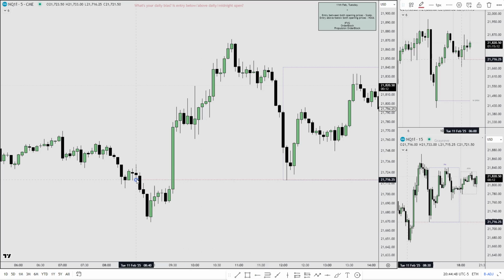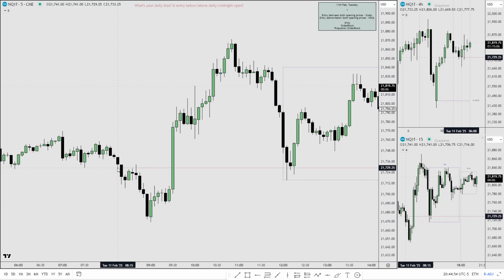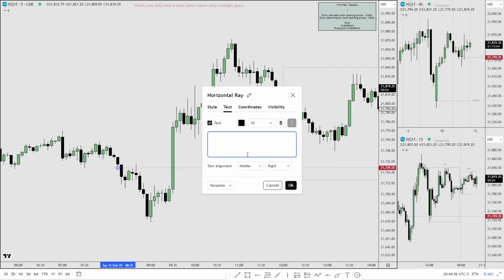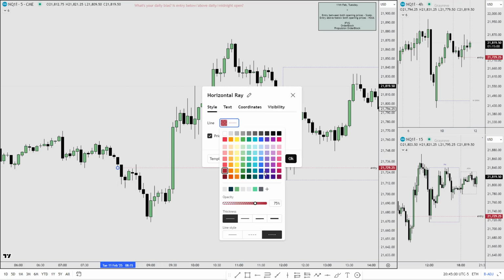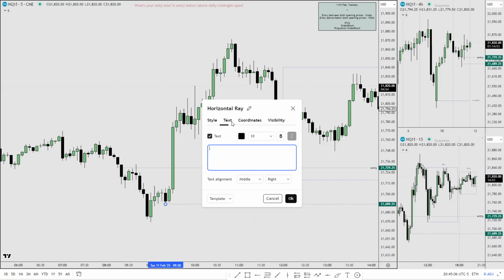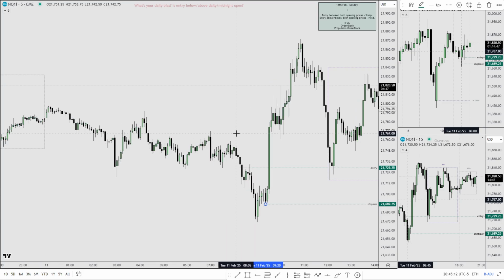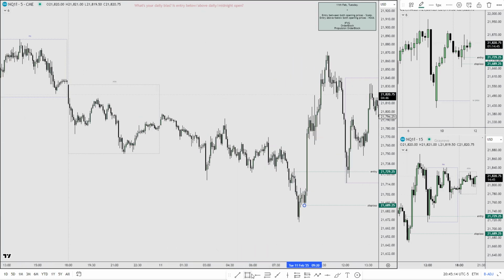I think it was this one. No, sorry, it was this one. Entry, my stop loss, and my target was this daily opening price.